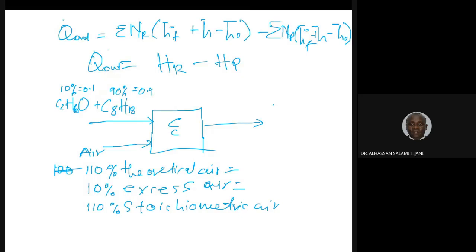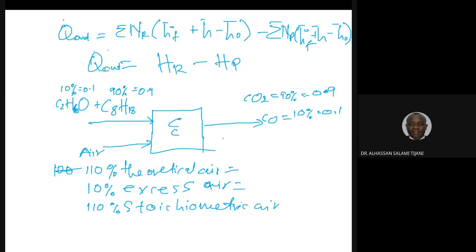We have over here our carbon dioxide, CO2, equals 90%, which equals 0.9, and similarly CO is 10%, which is equal to 0.1.